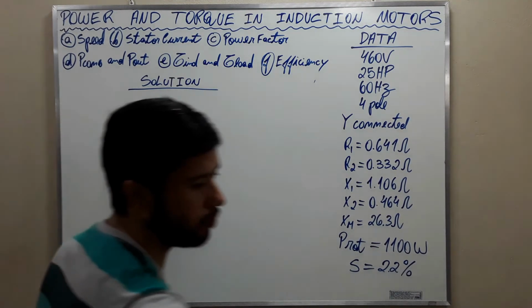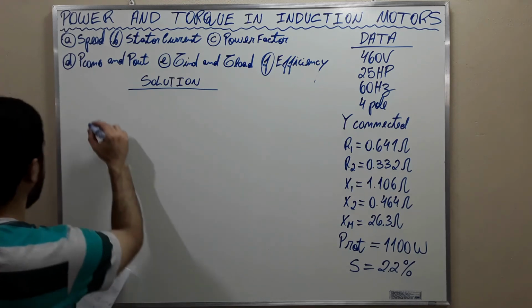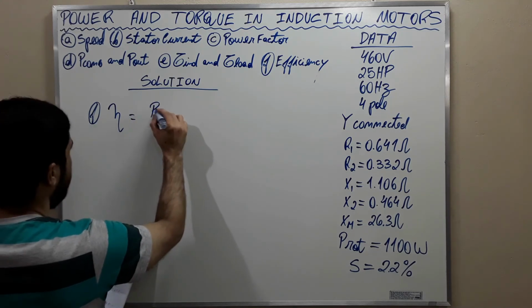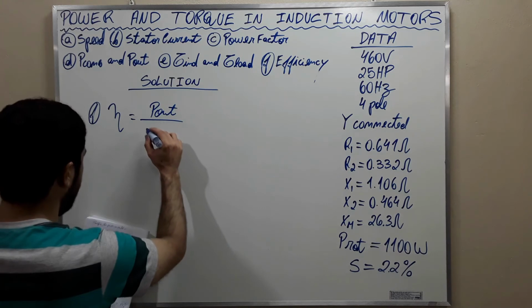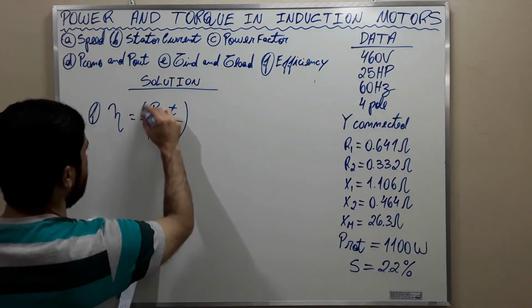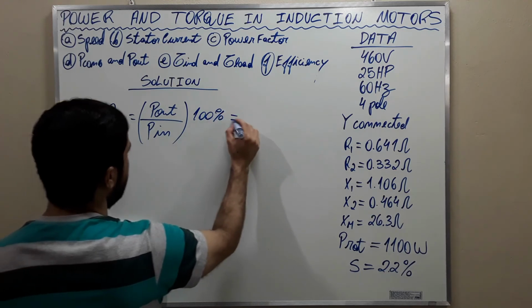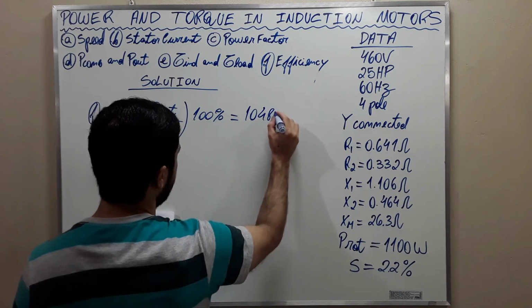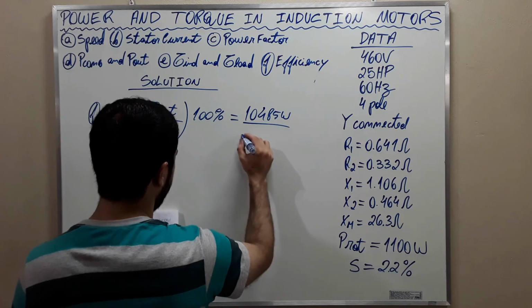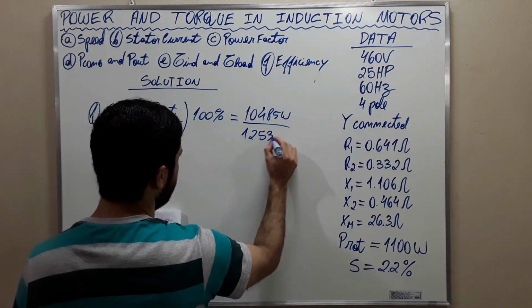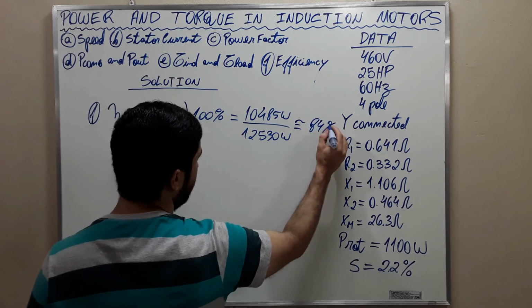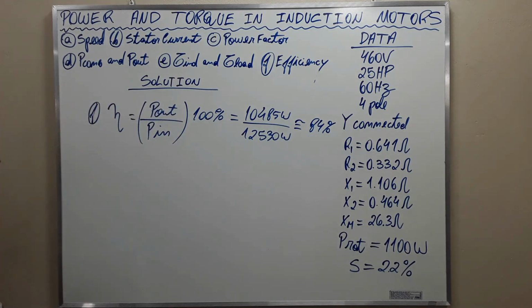The efficiency of the motor is going to be Pout divided by Pin times 100%, and this is equal to 10,485 watts divided by 12,530 watts, which is approximately 84%. This is the efficiency of the motor.